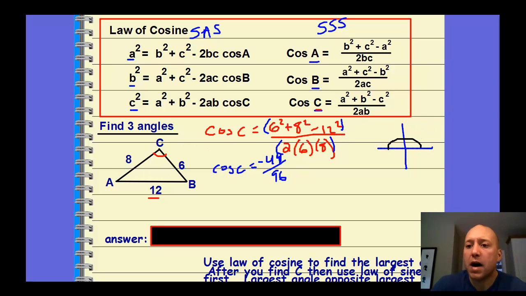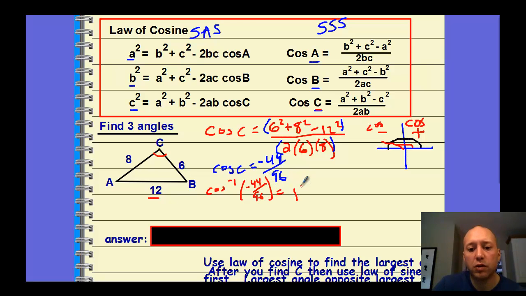If we have a positive ratio, then we know the cosine is positive in this quadrant. If we have a negative ratio, we know the cosine is in this quadrant, so we know we're dealing with an obtuse angle greater than 90. It brings back our unit circle knowledge and deeper understanding. So I already know I'm going to have an obtuse angle here, and I'm going to do the inverse cosine of this ratio.